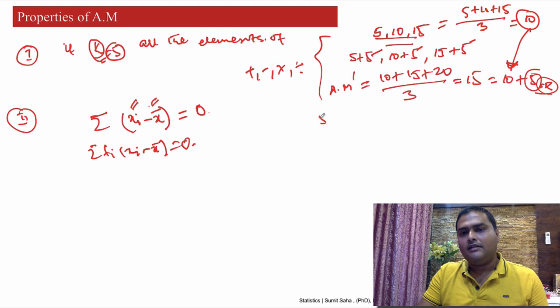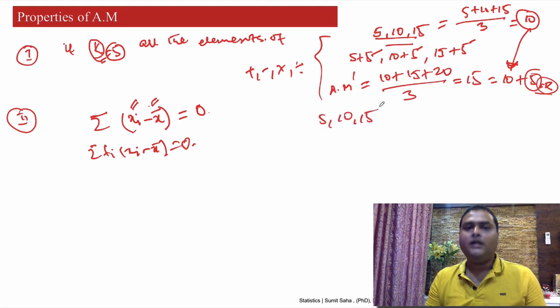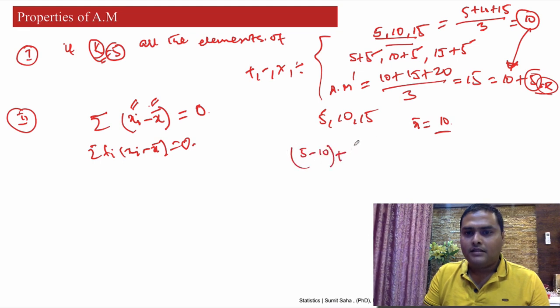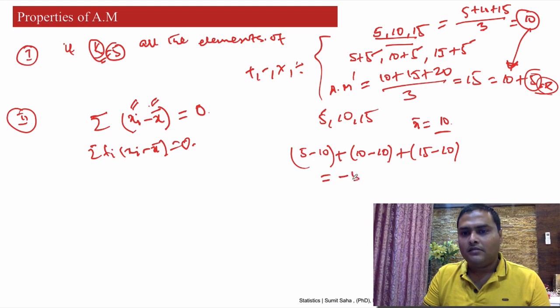Now let's take three numbers, 5, 10, 15, whatever we took previously. We have calculated x bar as 10 for these. What I am saying is that if you take 5 minus the arithmetic mean, plus 10 minus 10, plus 15 minus 10, it will always be 0. That is minus 5 plus 0 plus 5, so this is 0.